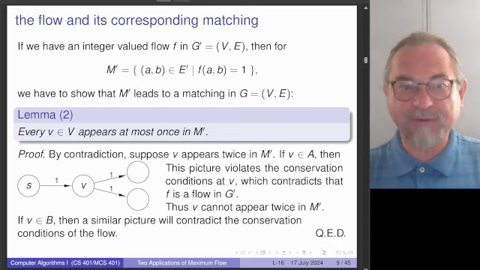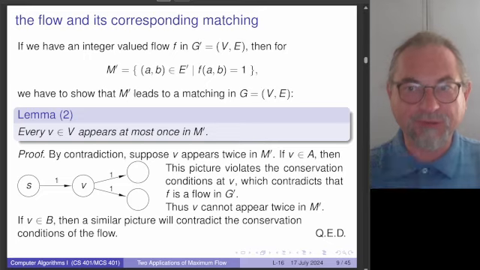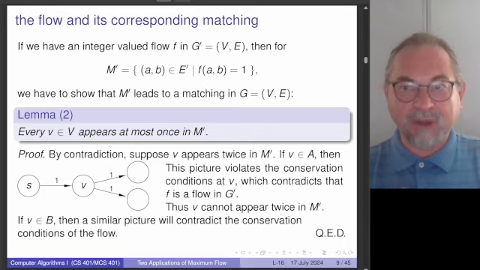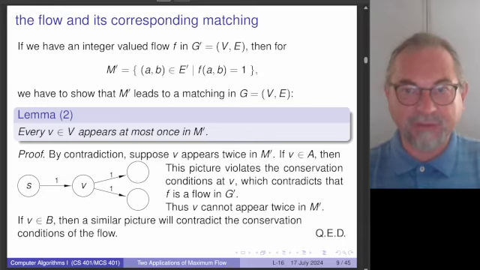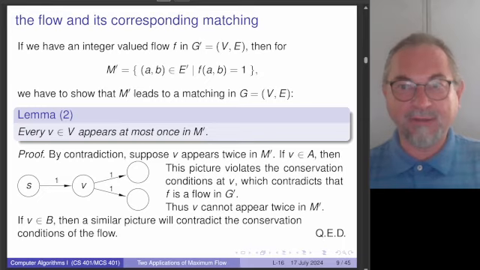Also for vertex B, you can make the opposite picture. So where then you work by contradiction. Suppose that you would have 2 or more incoming edges in a vertex of the set B. That would then violate the conservation conditions, because that vertex is connected to the sink with one edge of capacity 1.